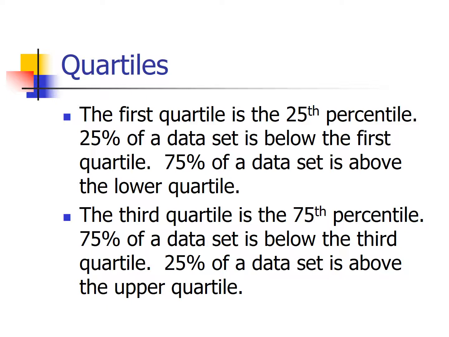The 25th percentile means that 25% of the data set, 25% of the numbers, is below that quartile. Alternatively, 75% of the data set is above it. The third quartile, aka the upper quartile, is defined as the 75th percentile. That is, 75% of the data is below it, 25% of the data is above it.